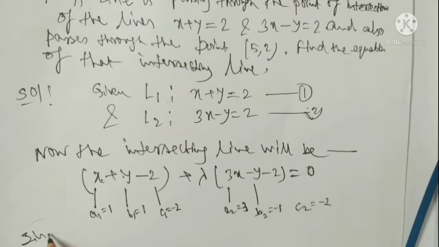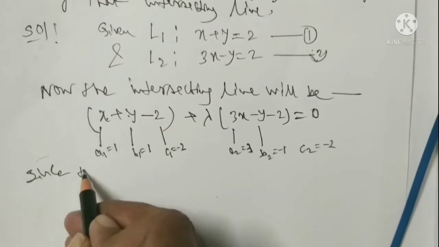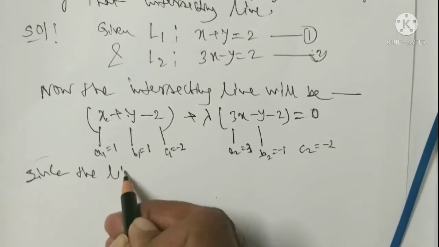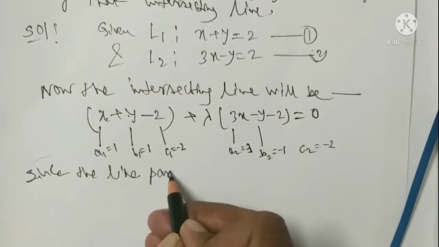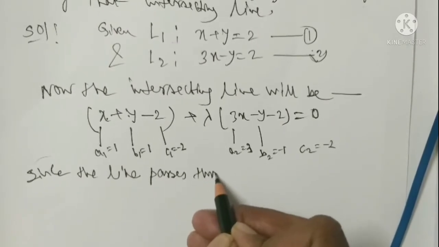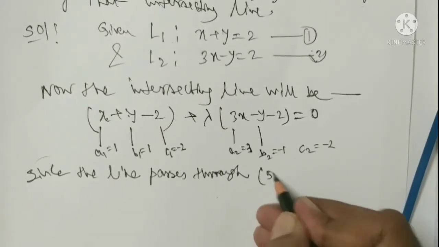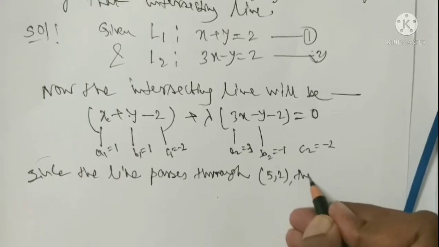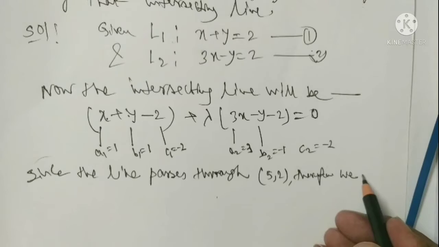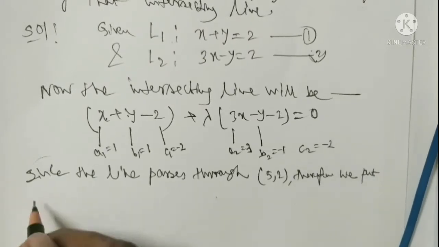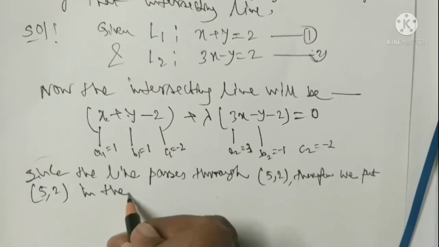Since the line passes through (5, 2), we put 5 and 2 in the equation.